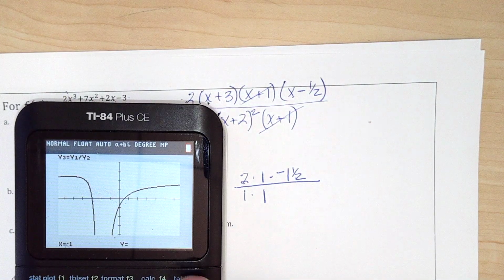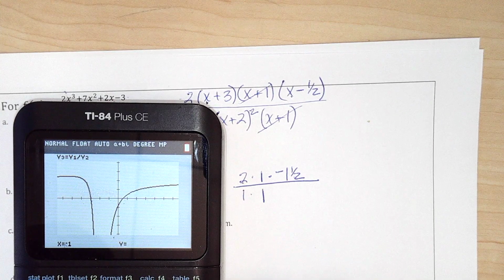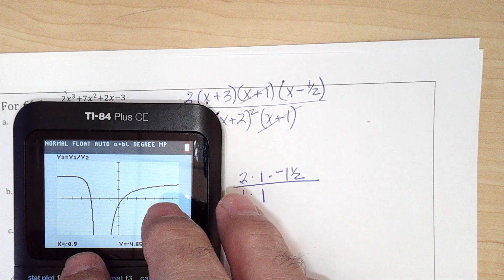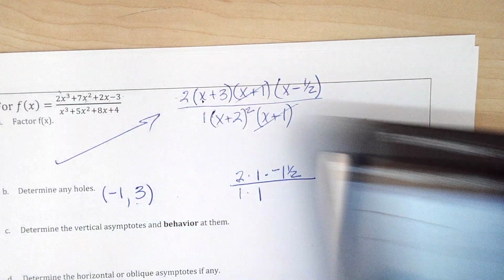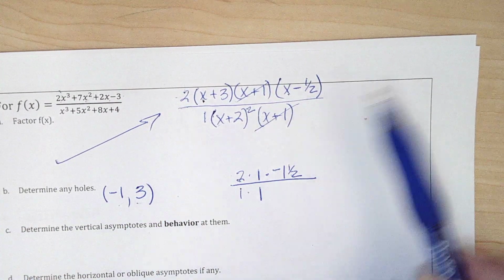Is it at -3? Let's see. If I push trace and I'm at -1.1, I'm at -7. And at -0.9, I'm at -4. So I'm off a little bit. What did I do wrong?